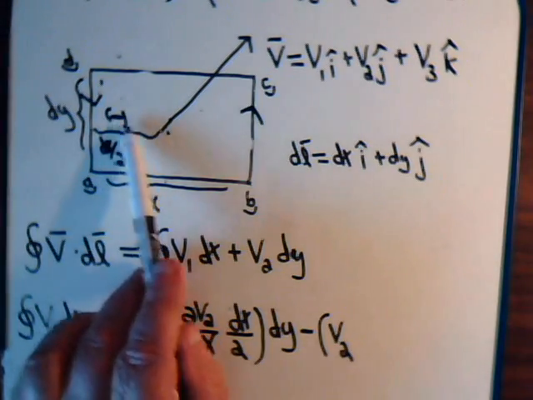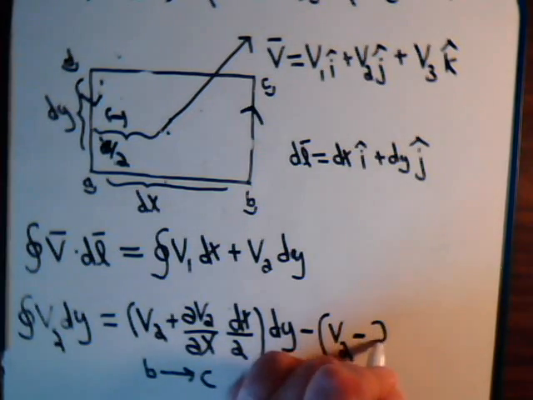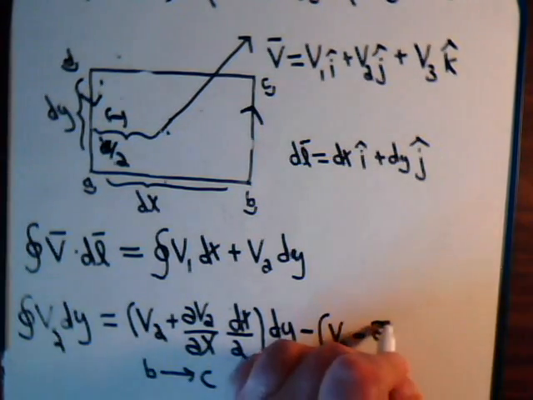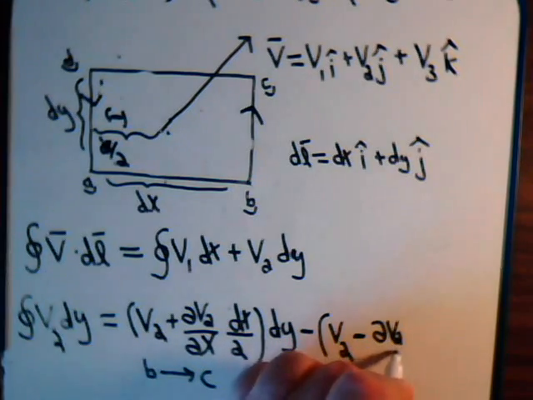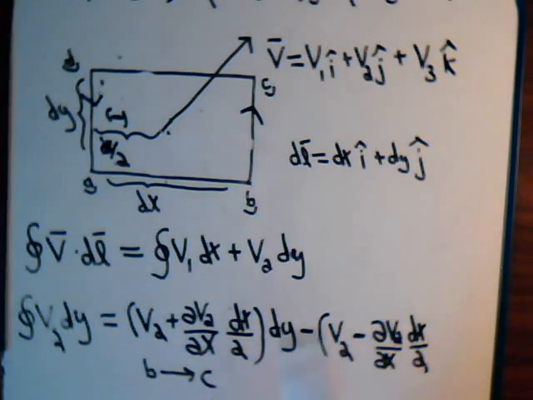And this is minus. And that will be then the partial of v2 with respect to x, dx over 2, and that's times dy.